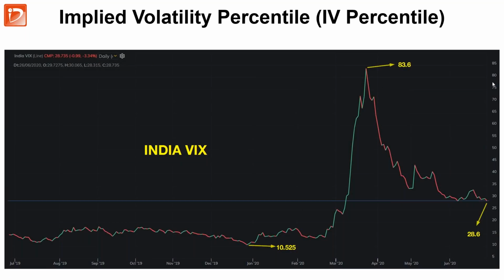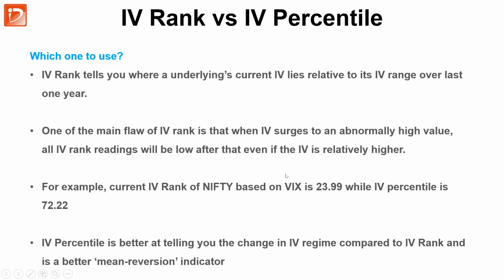That is a major flaw of the IV rank. The reading will be very low if there was a huge volatility spike before that. For example, the current IV rank of Nifty based on VIX is 23.9, while IV percentile is still very high, 72.22.